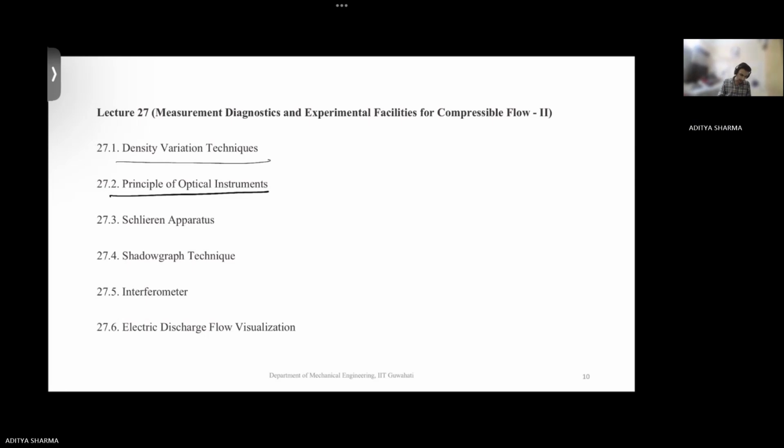Yes. And then the Schlieren apparatus has been discussed. Shadowgraph technique has been discussed. Interferometer. Then at last, electric discharge flow visualization. This has been discussed.